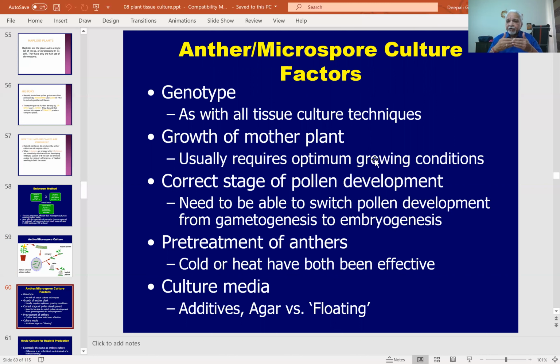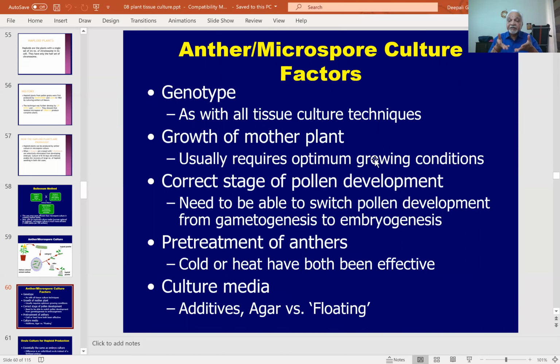As I mentioned, some plants are more amenable to tissue culture manipulations than others. Then the growth of the mother plant. The mother plant has to be healthy, growing in the right kind of conditions, so that when you take the part for in vitro manipulations, the parts are also healthy and respond to tissue culture techniques more positively.